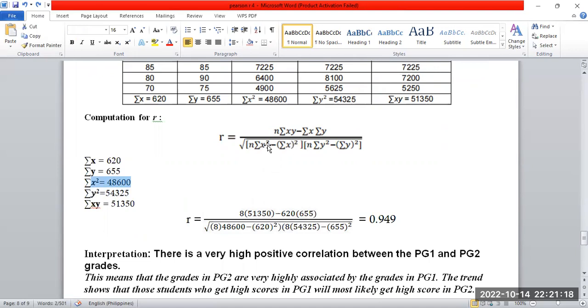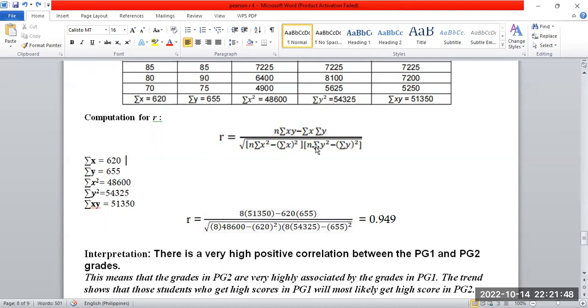So this is different kasi ito, the summation of x squared, ito yung total or the summation ni x raised to 2, which is 48,600. Well, this one is the summation of x, and then i-raise natin siya by 2. So the summation of x is 620 and then raised by 2. So that is 620 squared, or 620 raised by 2.